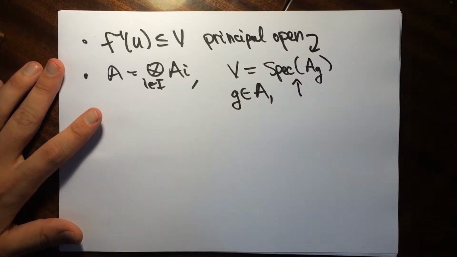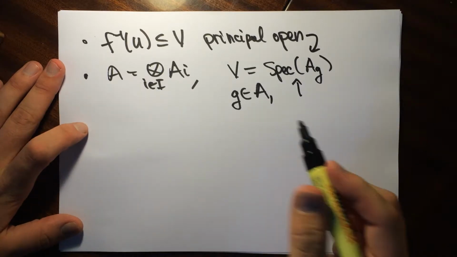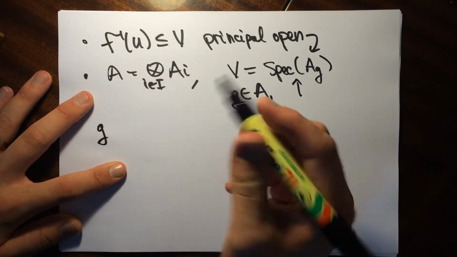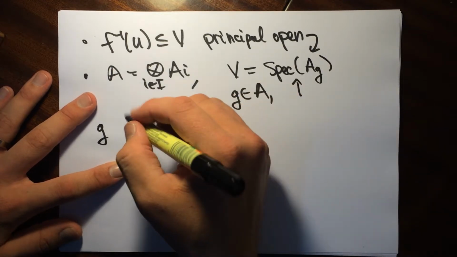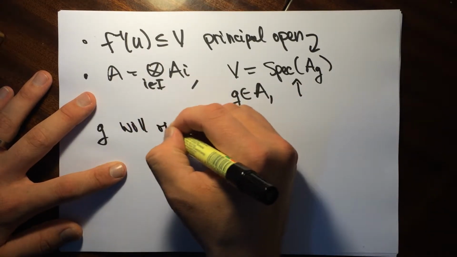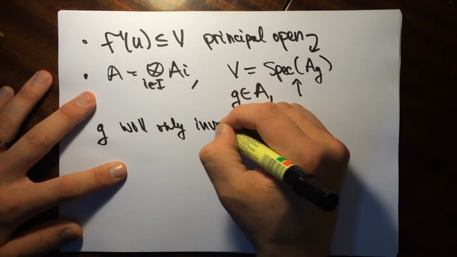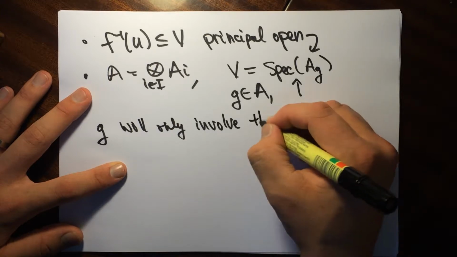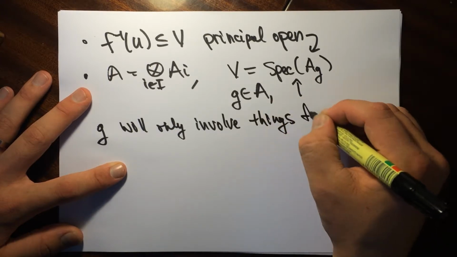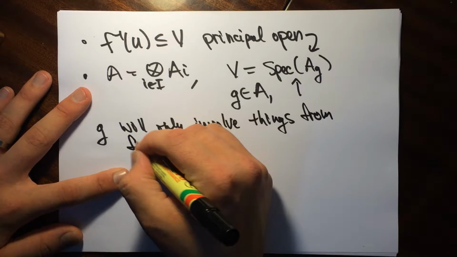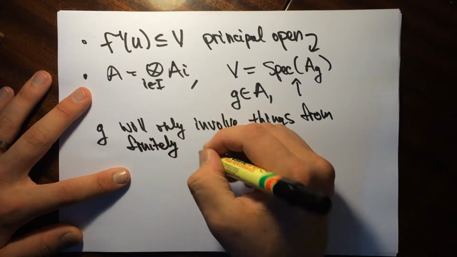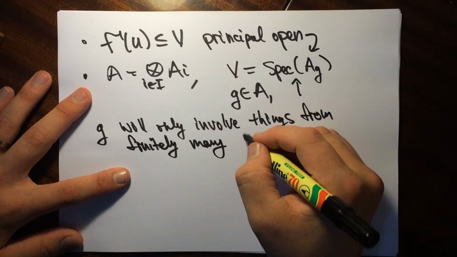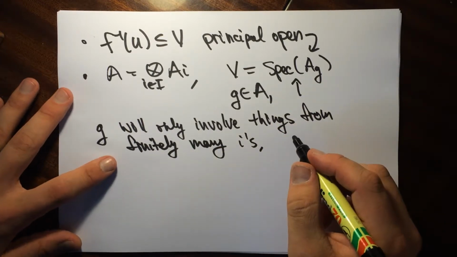That's what a principal open means, and it turns out that g is going to be a sum of these tensor products, but will only involve things from finitely many i's. So there exists some I prime.